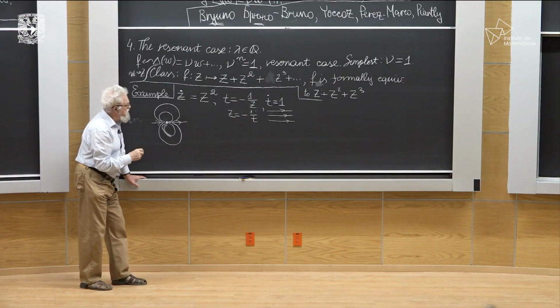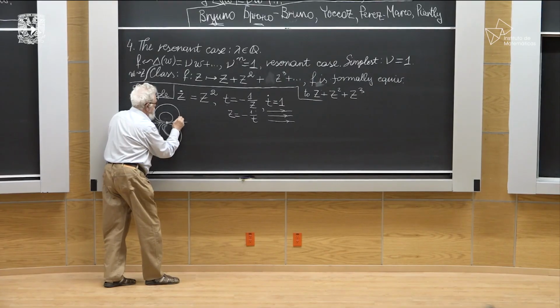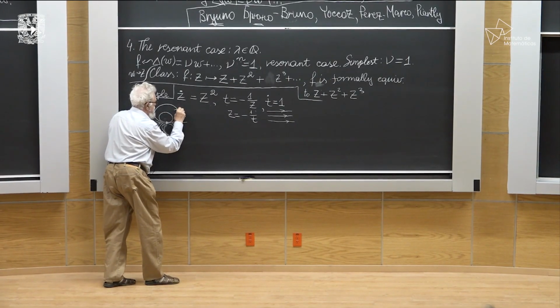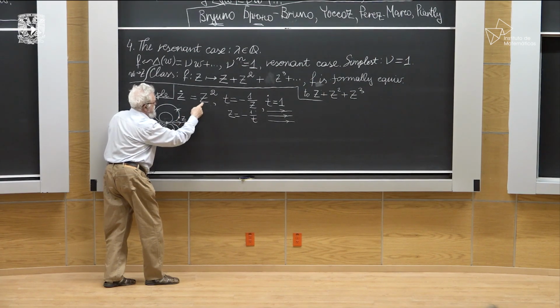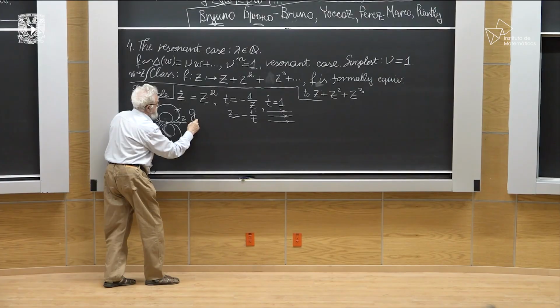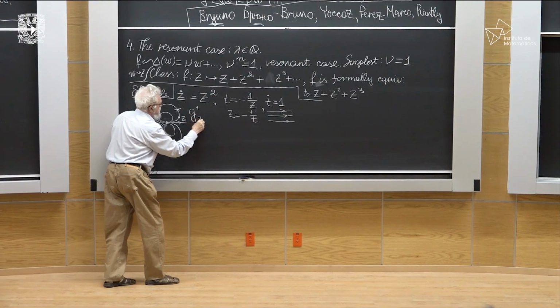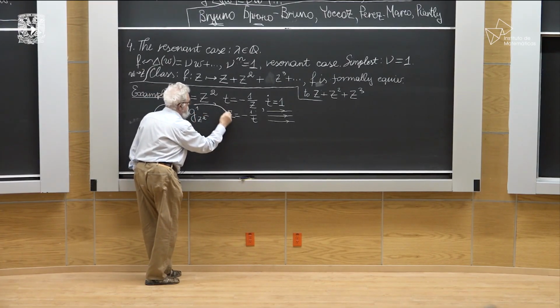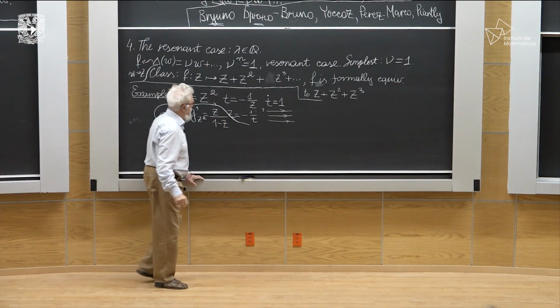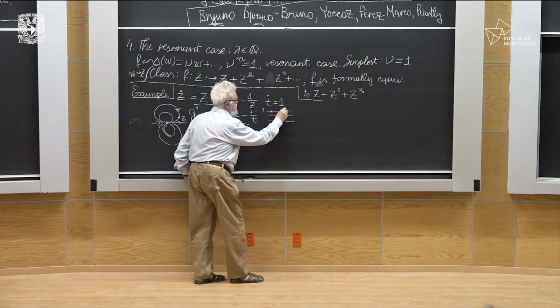Now, the example is not this differential equation, but the time 1 phase flow transformation. z comes to the time 1 phase flow transformation of this vector field. This is phase flow transformation time 1 of the vector field z squared. And it is equal to z over 1 minus z. In this coordinate, it is just the shift by 1.